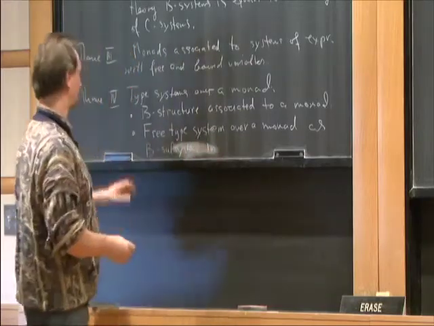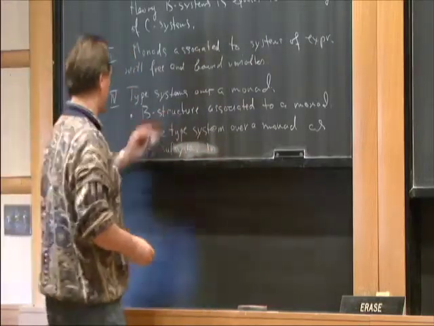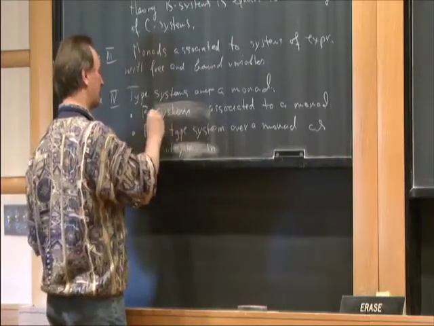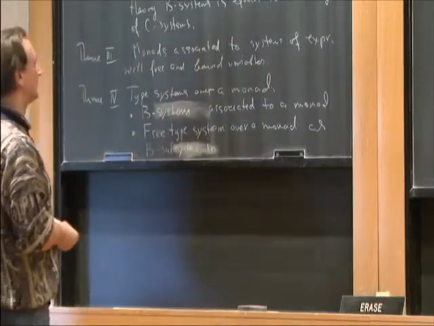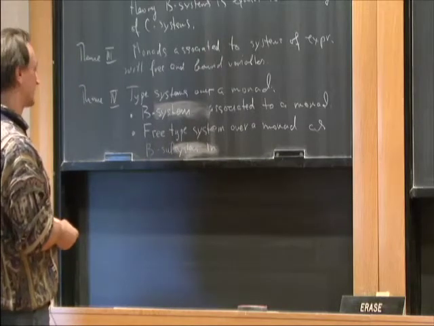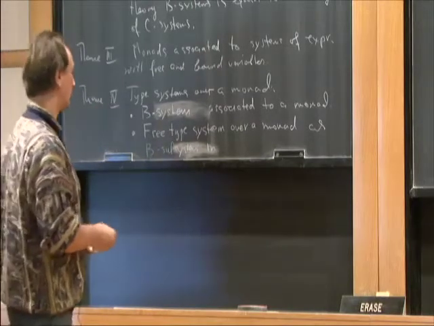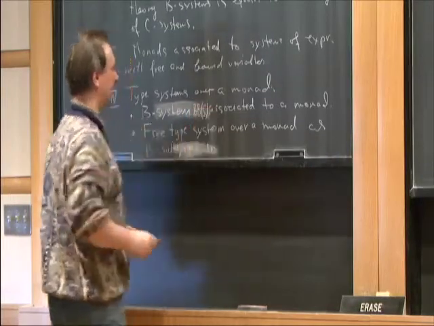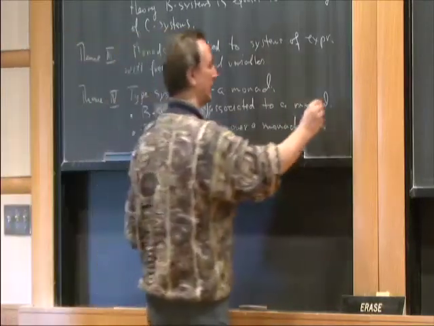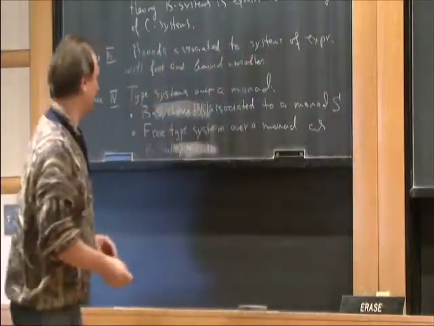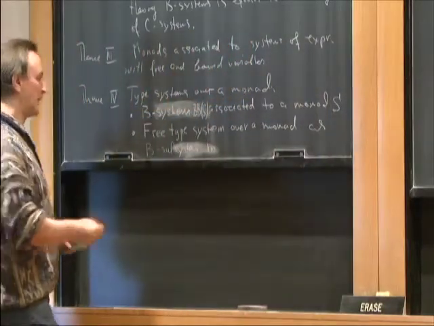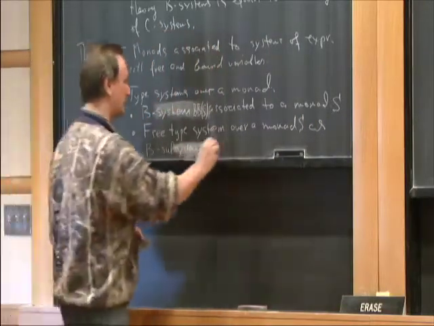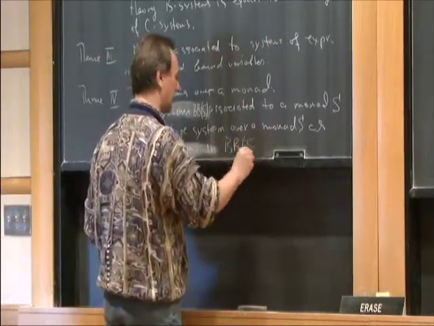That's one of the reasons I want to repeat this, so that I learn to say things right. So, the B system B of S associated to a monad S, and then a free type system over a monad S is defined as a B subsystem in B of S.